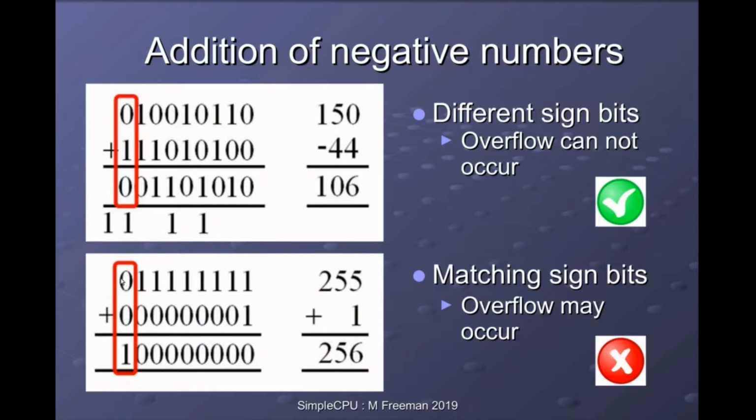But because I'm generating a signed overflow, the result sign bit does not match, because obviously it needs to use that bit position to represent numerical value. So 255 plus 1, that's the bit 8 position, the 9th bit, to represent 256 obviously. So here we have generated an overflow, and we can detect that overflow because the sign bits do not match.